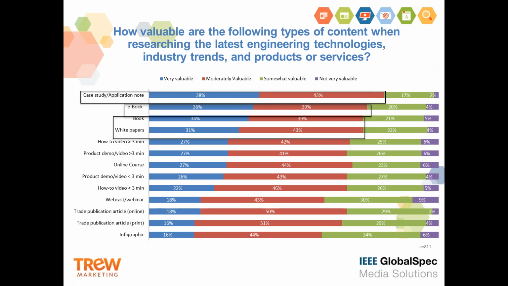And so what I took away from this is, we tend to look at the big bars and where the majority is, and of course that's where I started, but I think it's really important to note that every single type of content had very small ratings for not very valuable. And so I think what is really important for all of us to realize is there is no silver bullet on what type of content to produce.